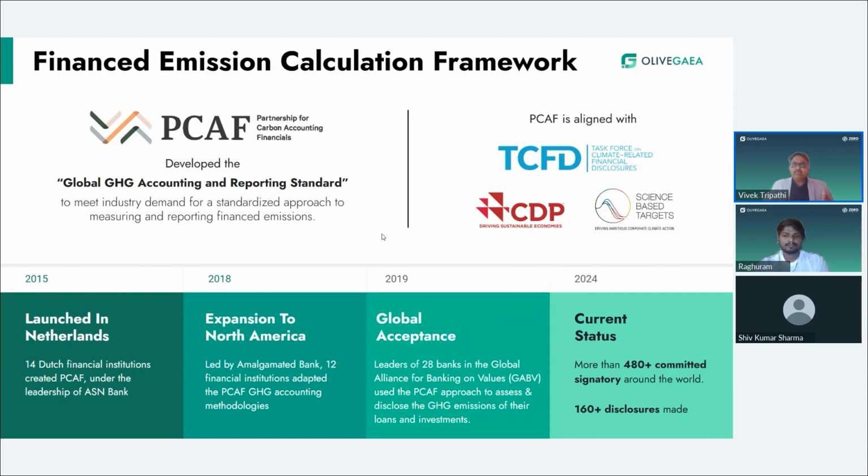That number of banks has gone up to 480 in 2024 as we speak. So this says that globally it's a trend for banks to start working on their financed emission and look at PCAF as the main guiding framework to come up with definitive answers towards financed emission. Next, please.